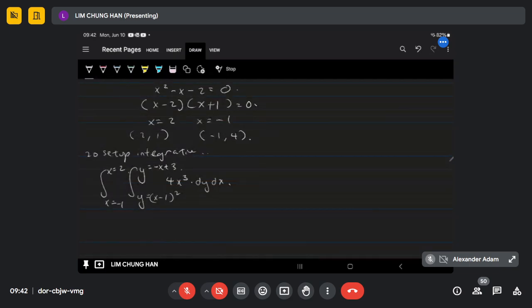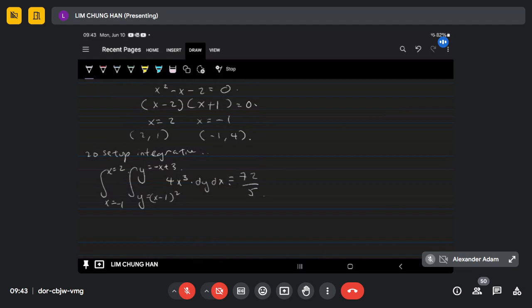Okay. Do you guys know how to integrate this, or do I have to integrate for you? This one is very easy to integrate, right? The final answer, if you do this, is this. Okay, next.